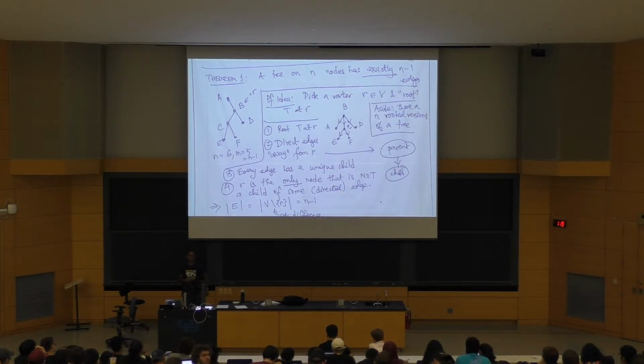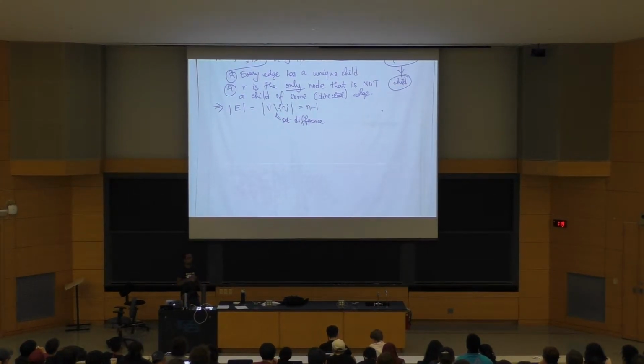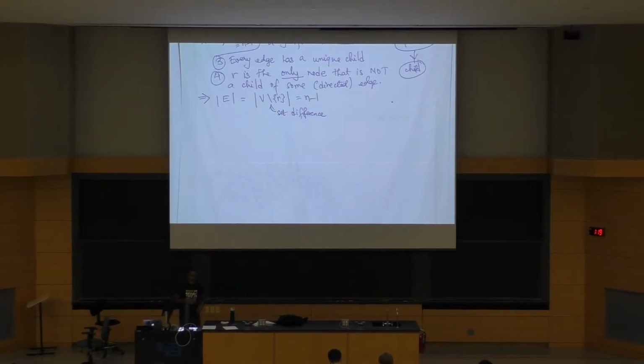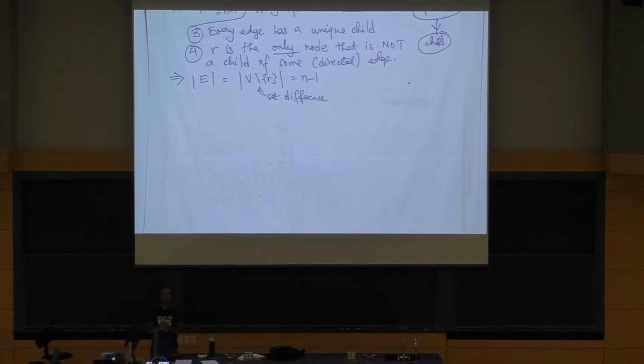What I'm going to do next is kind of drill through this and make it more formal. Okay? But any questions before I go on to talk about the proof details for this one?